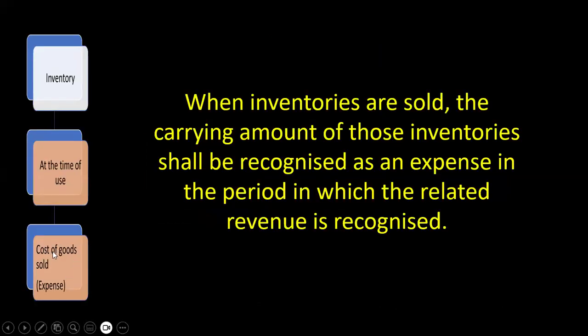The standard says that when inventory is sold, the carrying amount of those inventories shall be recognized as an expense in the period in which the related revenue is recognized. We can see the application of the matching principle. When the goods are sold, sales is compared with the corresponding cost of goods sold to derive profit.